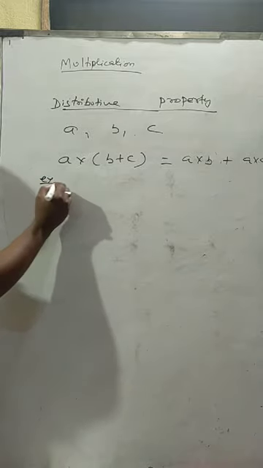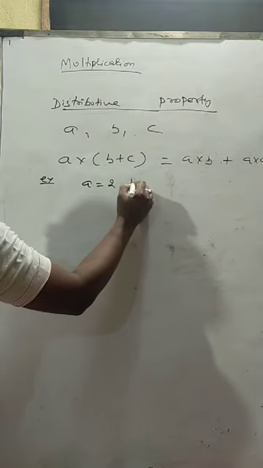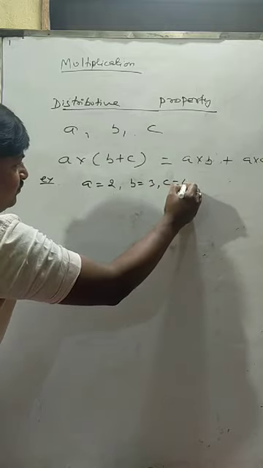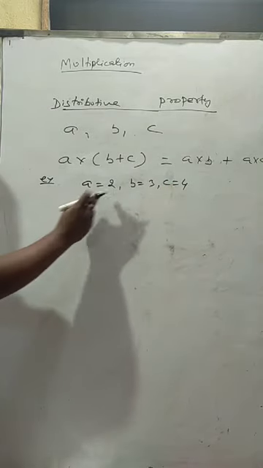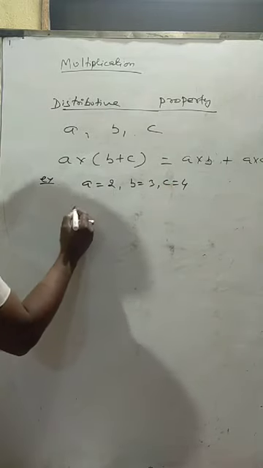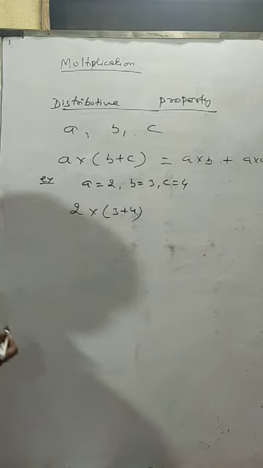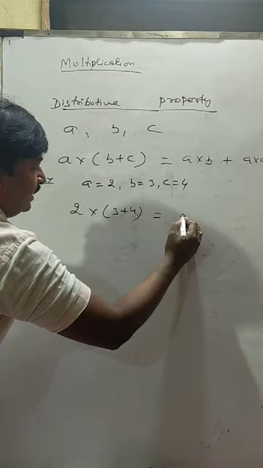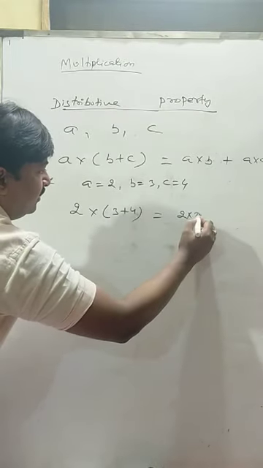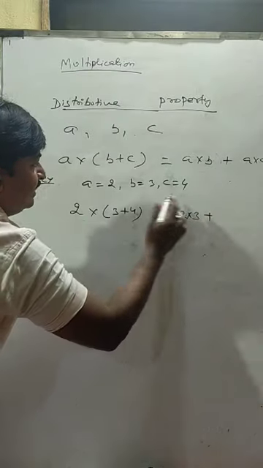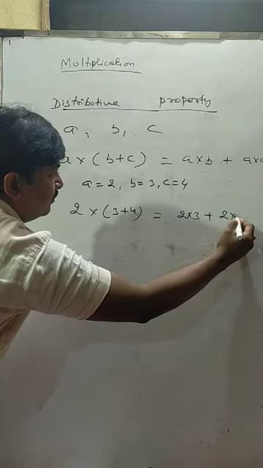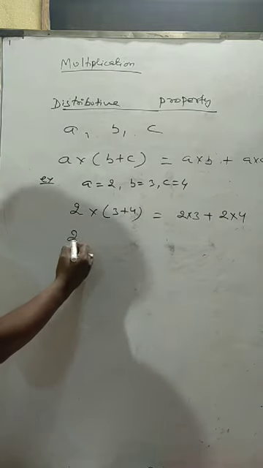Let's see with an example. Let A equal 2, B equal 3 and C equal 4. Replace the values of A, B and C with 2, 3 and 4. We will get 2 × (3 + 4), which is equal to A × B, meaning 2 × 3, plus A × C, that means 2 × 4.